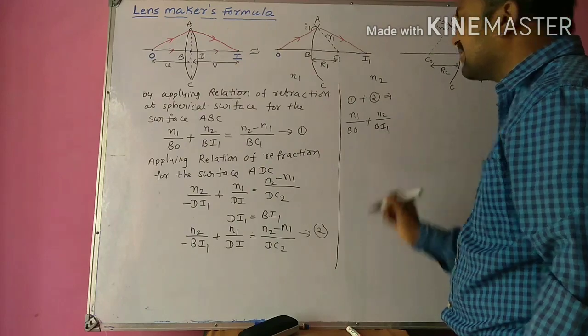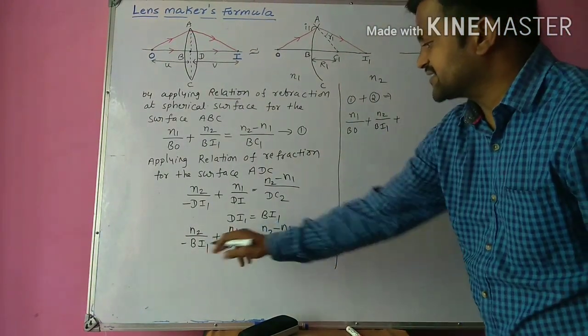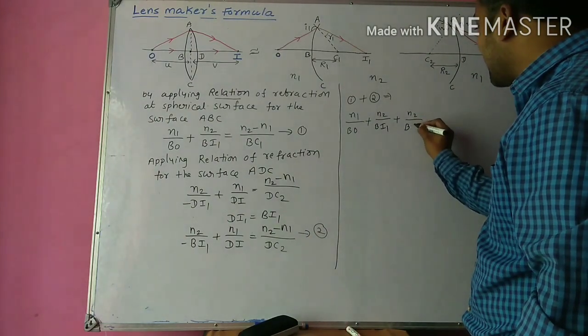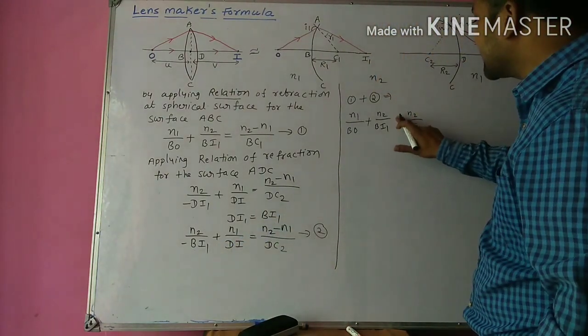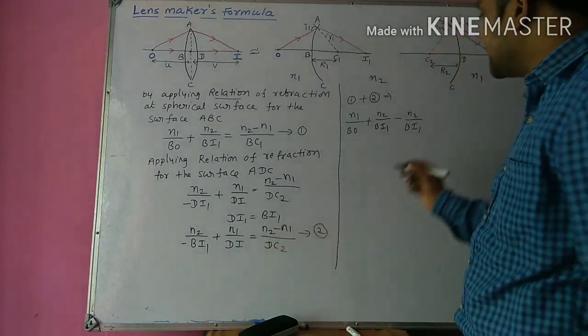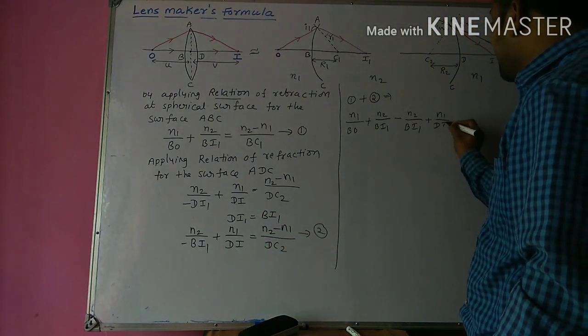Added to the left hand side of the second equation, that is N2 by minus BI1, directly minus N2 by BI1, plus N1 by DI.